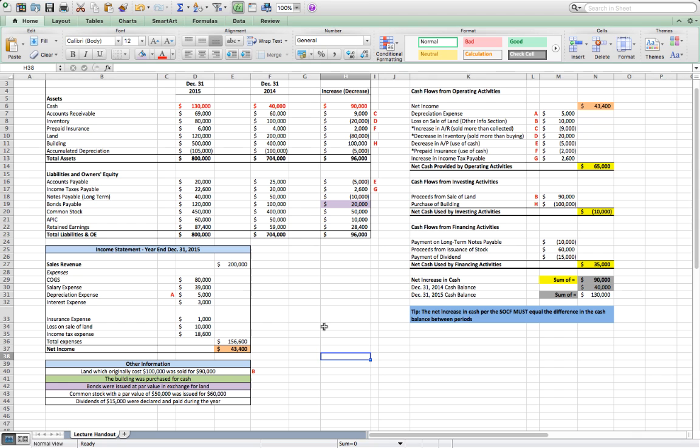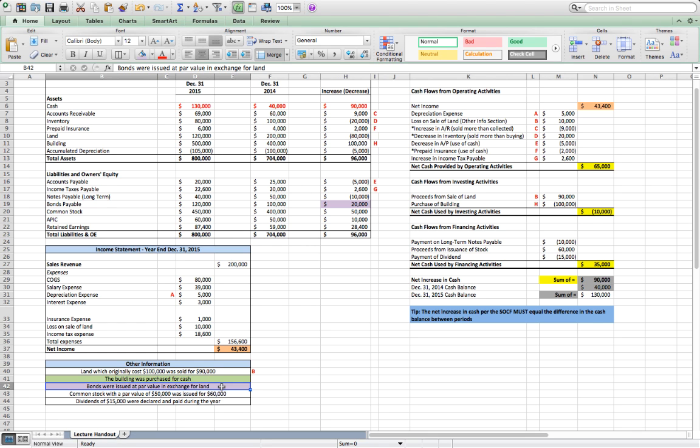That's something to keep in mind when you're going through your homework and on the exam. For example, if this said bonds were issued at par in exchange for cash, then there would be a difference and there would be a cash flow represented for that. Please note there is a difference between whether you are the issuer of the bond or the one buying the bond.